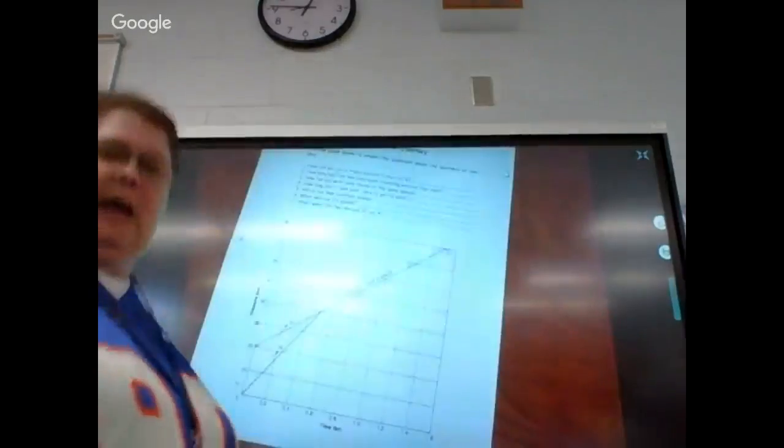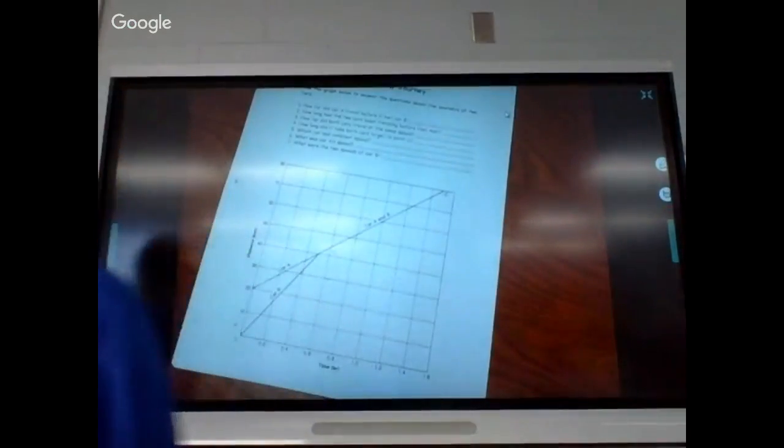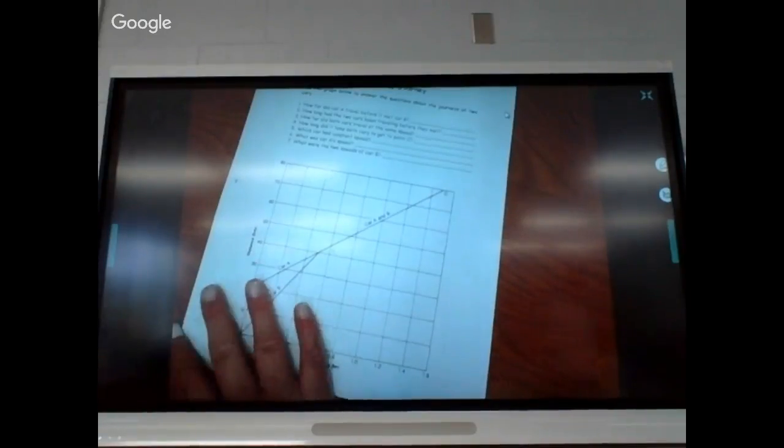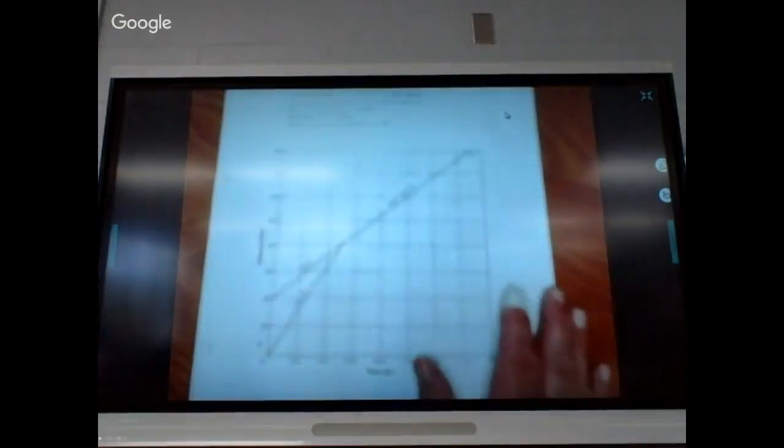Now, many of you yesterday on the paper that I graded, I asked you, first of all, if the graph was at constant speed in question 2. The vast majority said yes.